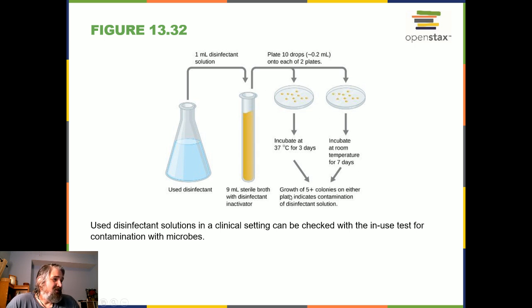So we incubate them. You place 10 drops on each of 2 plates, and growth of 5 or more colonies on either plate indicates contamination of the disinfectant solution. That's the in-use test. You're doing a live test of how effective your disinfectant is.